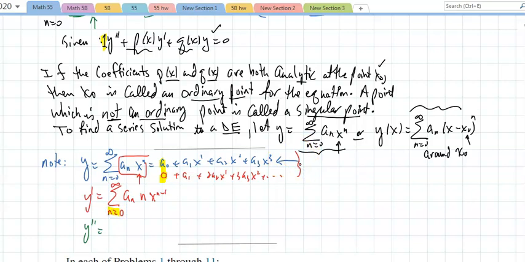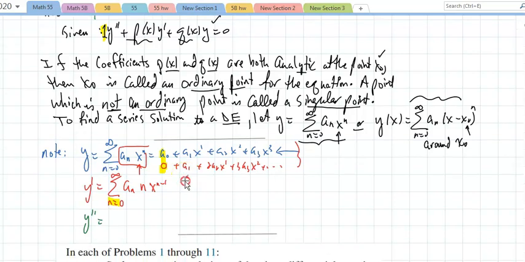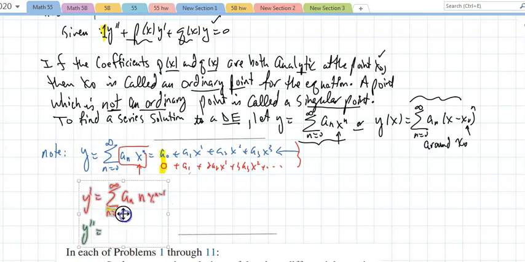If I take a second derivative, wouldn't a second derivative make that a 0? Wouldn't that be 2a sub 2 plus 3 times 2a sub 3 x to the 1? And then this goes on. Since I lost another term, I need to compensate.